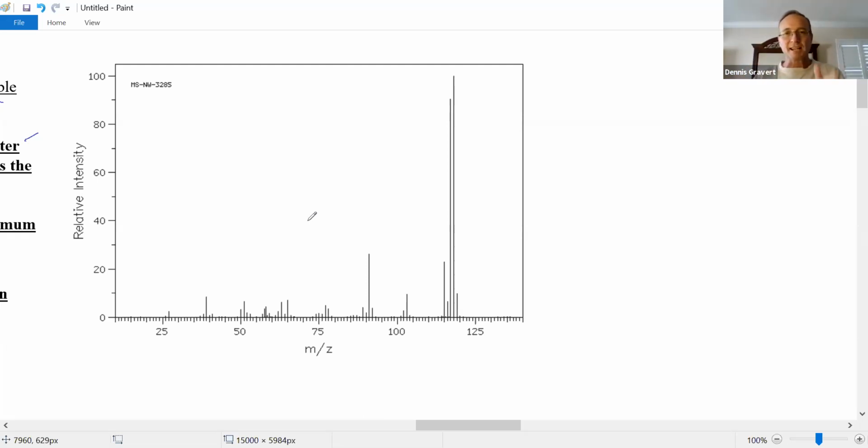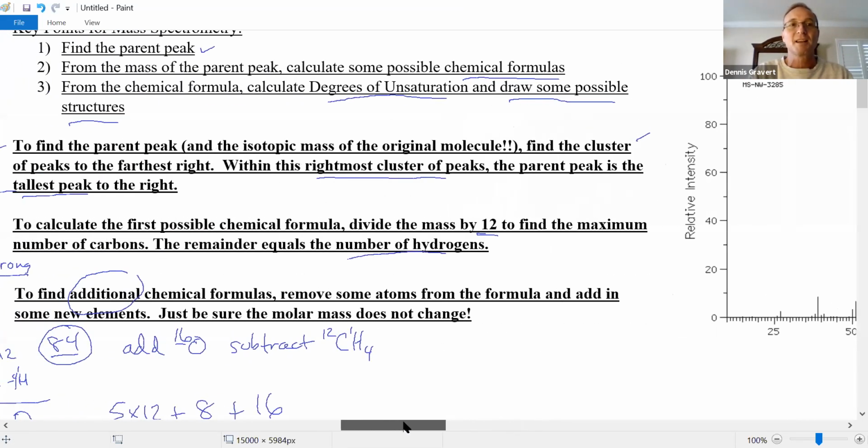So with one piece of data, a mass spectrum, we're just going to get some possibilities. We're going to narrow down the number of possibilities. Right now, it's unknown, don't have any idea, but with the mass spectrum, we can actually narrow it down. Step one is find the parent peak, the molecular ion peak. So where is it?